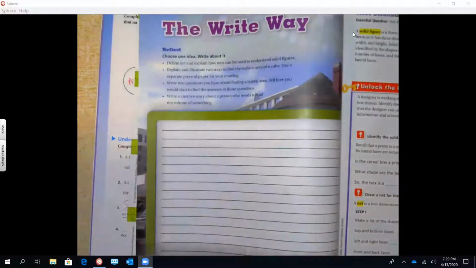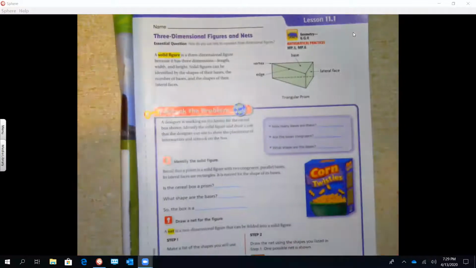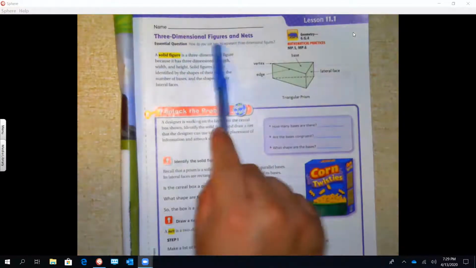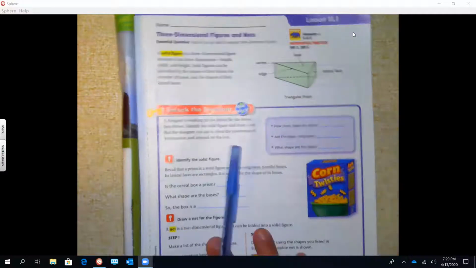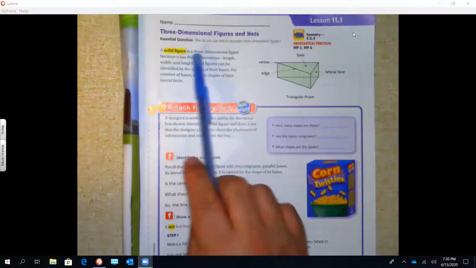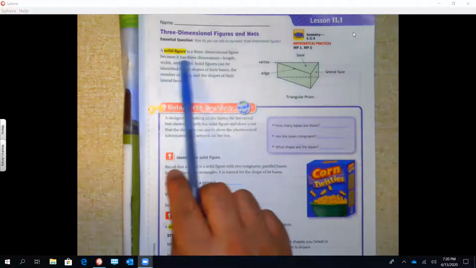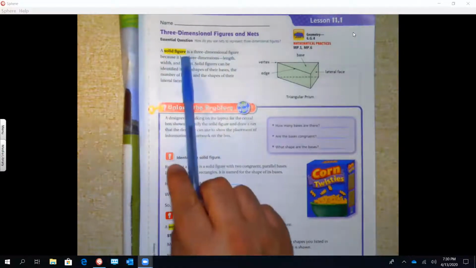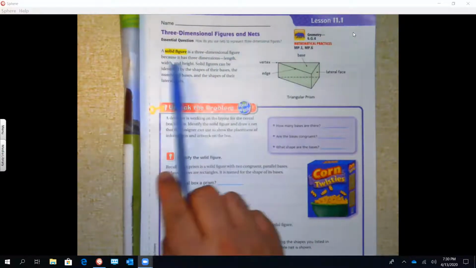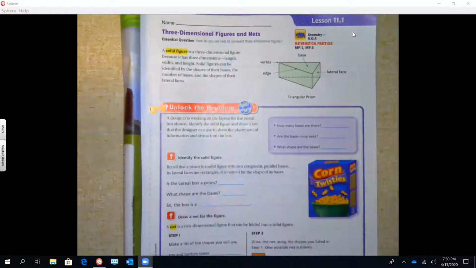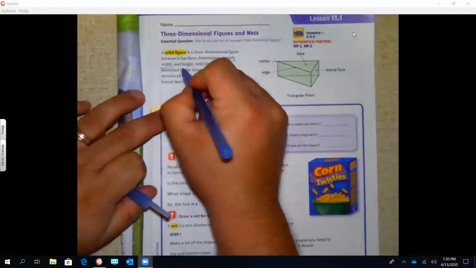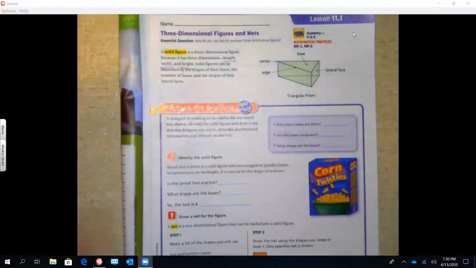Okay, let's look at lesson 11.1. So we're looking at three-dimensional figures and nets. Go ahead and read together. A solid figure is a three-dimensional figure because it has three dimensions: length, width, and height. That's important.